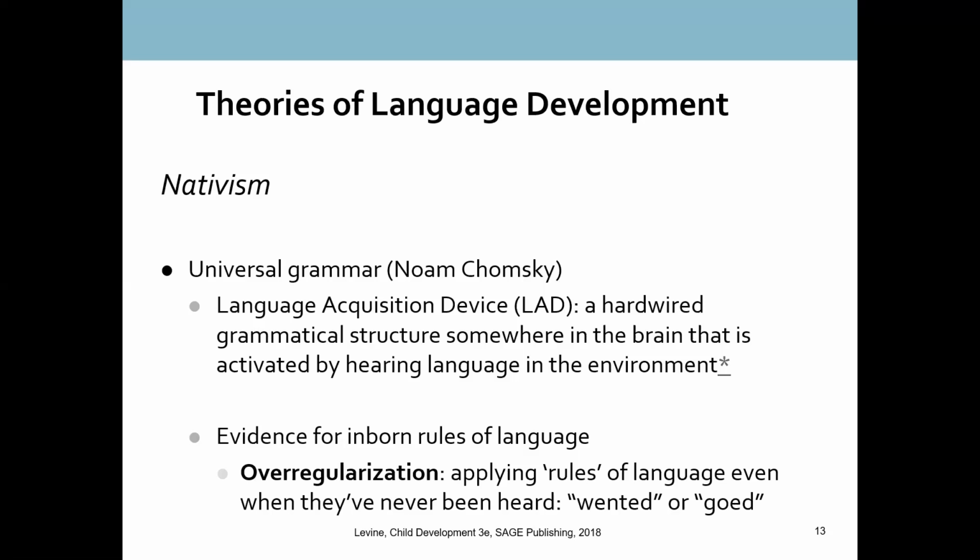This is demonstrating that they've learned a certain grammatical rule of the language, and they've used a word that they've never heard before. Well, this goes right in the face of the behaviorism and social cognitive theory ideas that you imitate words and then you get corrected over time and it's shaped over time.